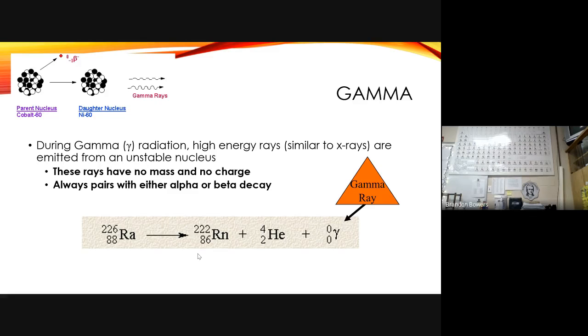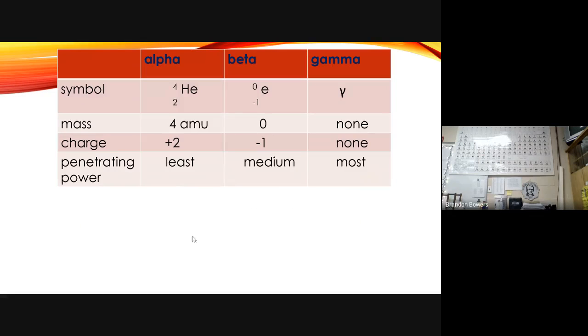Last slide. This is a summary of what alpha, beta, gammas look like. We know the symbols. We know the symbol for alpha is that. We know beta is that. And we know gamma is that. The mass.